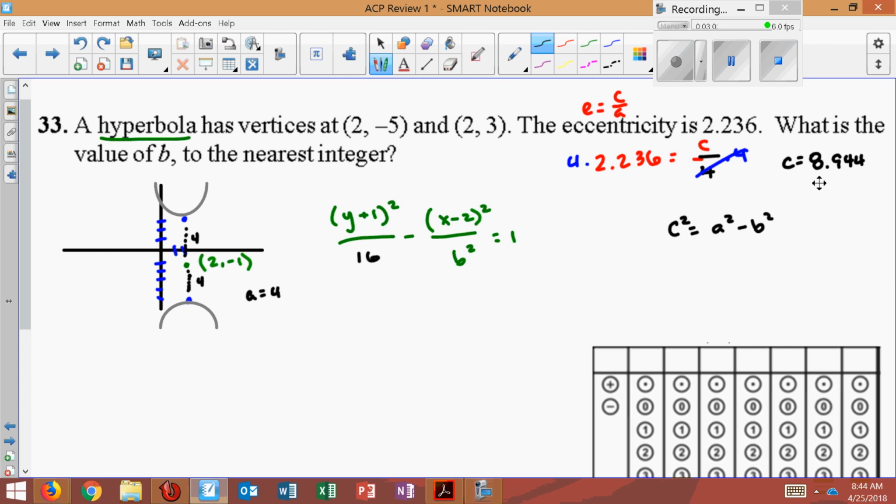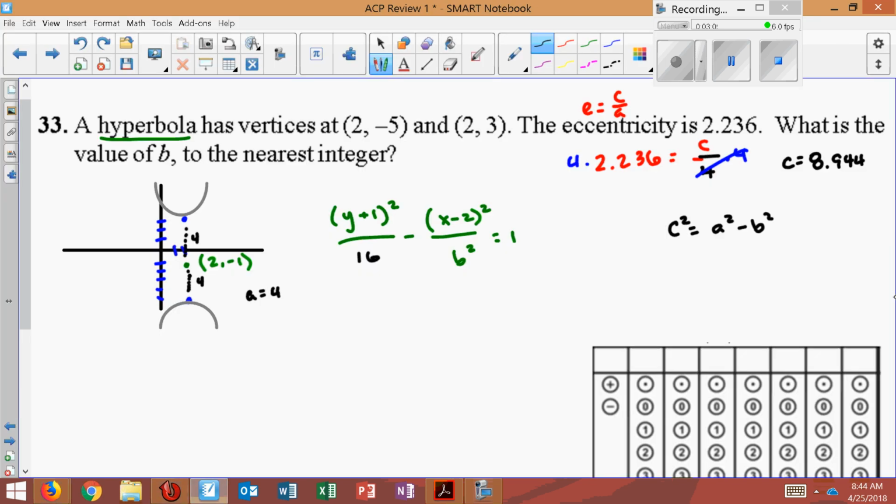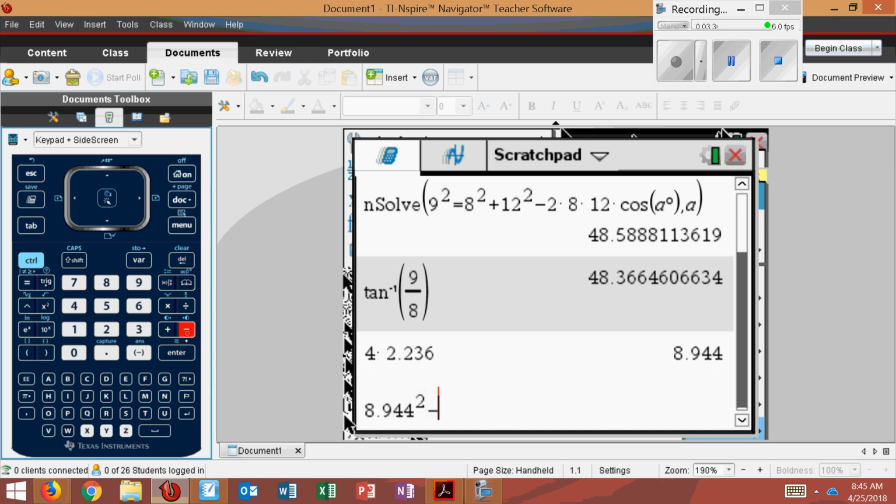8.944. So now if I square that, I'll just write it out like this. This will make it easier. 8.944 squared will equal 4 squared, because that was our a, plus b squared. Now, when I square this, let's see what we get. 8.944 squared, and I need to subtract from that 4 squared.